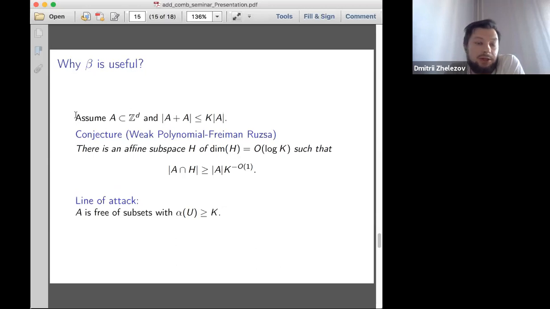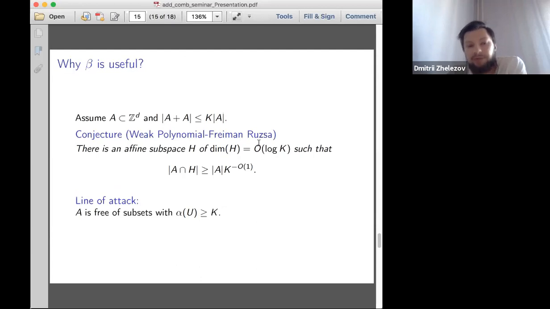this works out? Let us see an example of what is called weak polynomial Freiman-Ruzsa. So there is the polynomial Freiman-Ruzsa conjecture, which predicts very precise information about the sets with moderately small doubling.